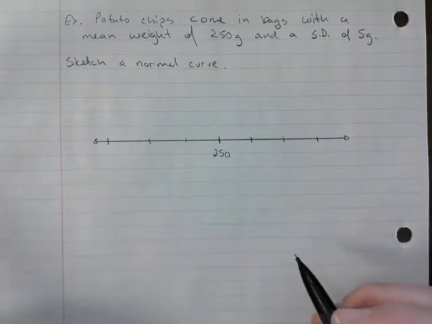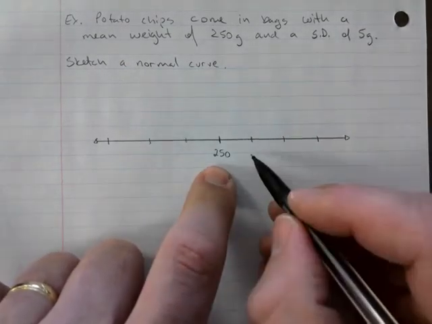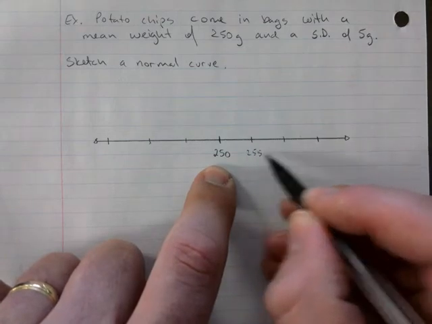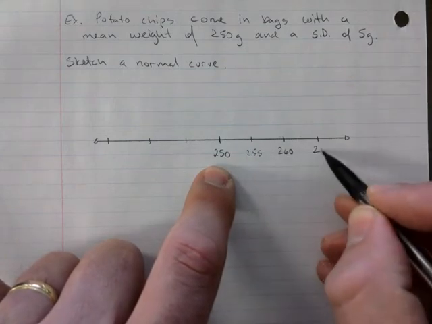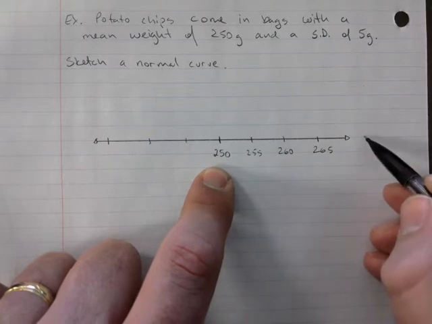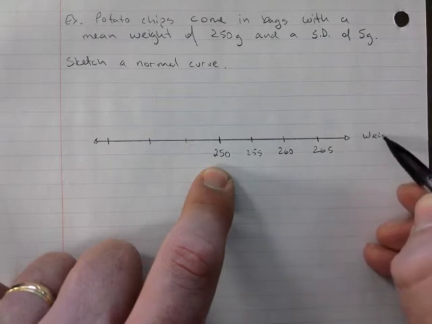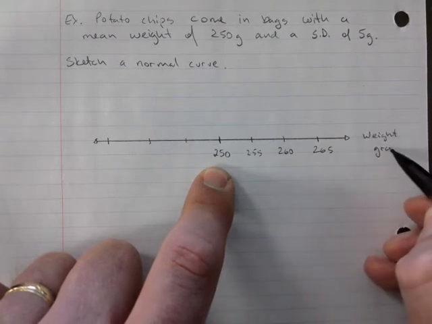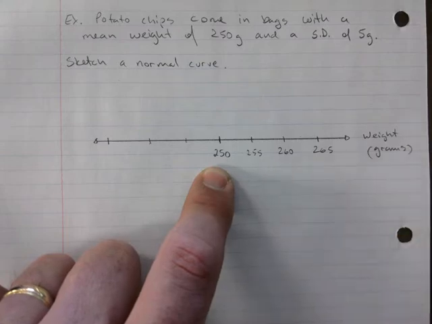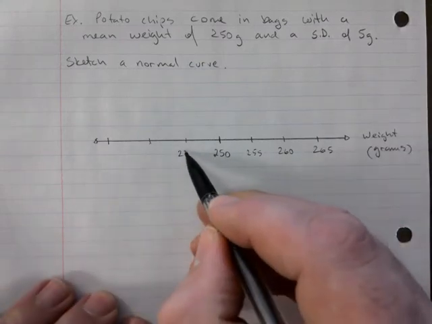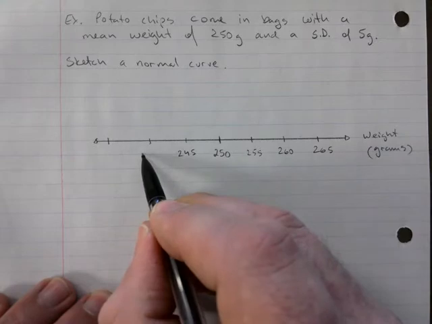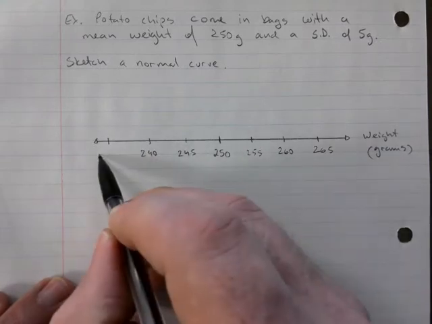And in this case, I picked a nice and easy standard deviation. So this is 255, 260, 265. And this is the weight of the bags, right, in grams. Okay. Here we would go down by 5, so 245, 240, and 235.